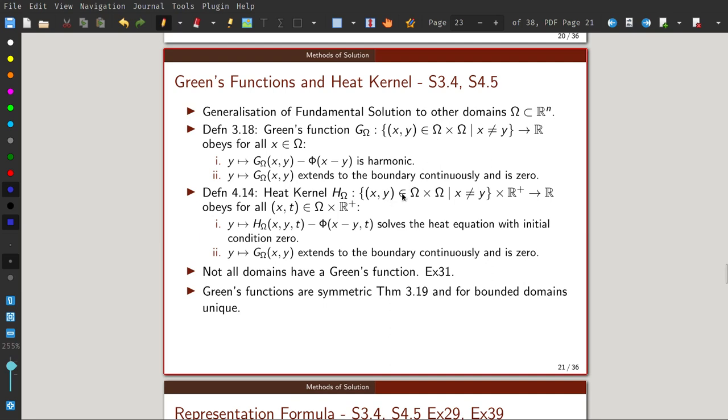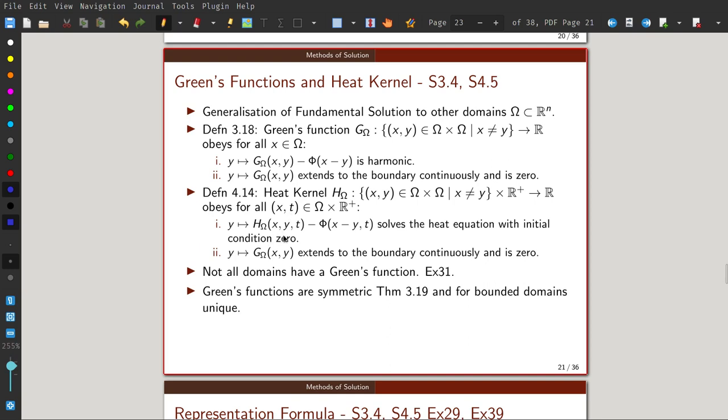In the same way, the heat kernel is also defined for x and y in the space domain, not allowed to be equal, but it also allows for a time parameter. So you should think of the heat kernel as being very much like the Green's function, except it depends on time as well.